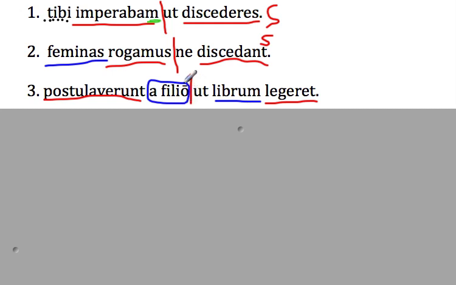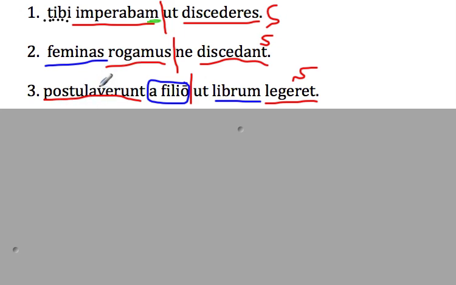Once again, to the right of our ut or ne, we have a subjunctive, legeret. Notice the legera plus an ending. That's an imperfect subjunctive, just like discateres. Discatera plus an ending.